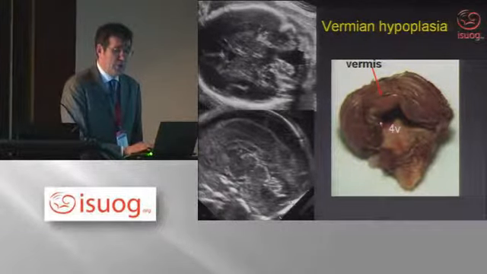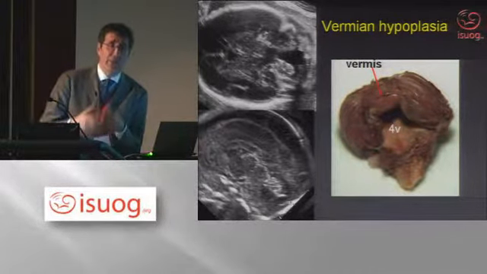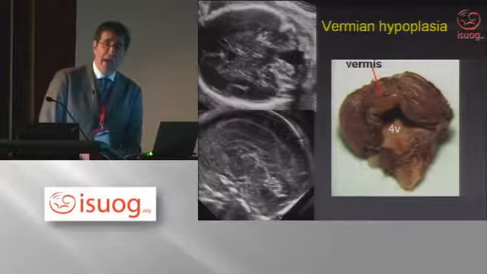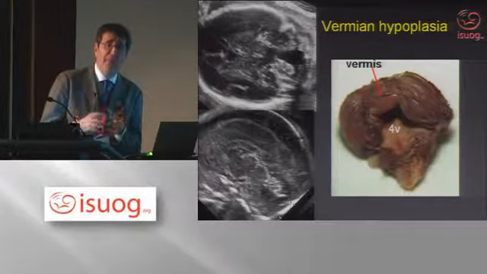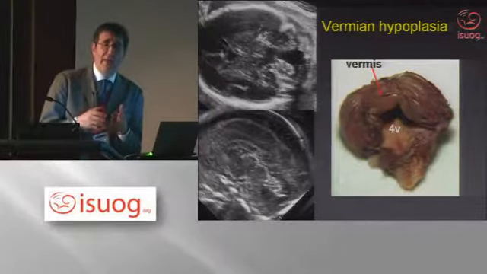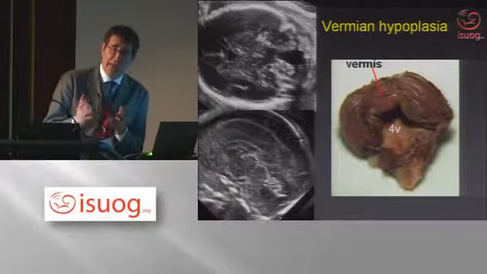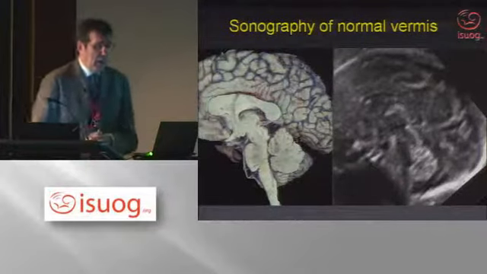And as the vermis is so small, you have a very prominent opening to the fourth ventricle, which is the consequence of the open fourth ventricle sign. There was a cyst that was the expansion of the fourth ventricle, but that is a very fragile finding, and usually when you do an autopsy, it's completely disrupted.